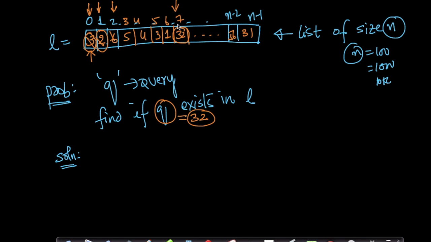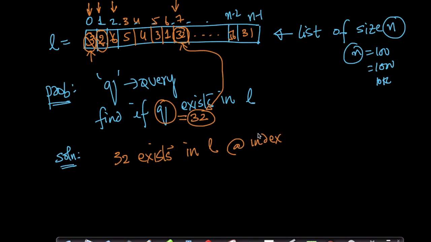At index 7, I see 32. Now this 32 and this 32 match. So I will say that, yes, 32 exists in my list L at index 7. So very simple.